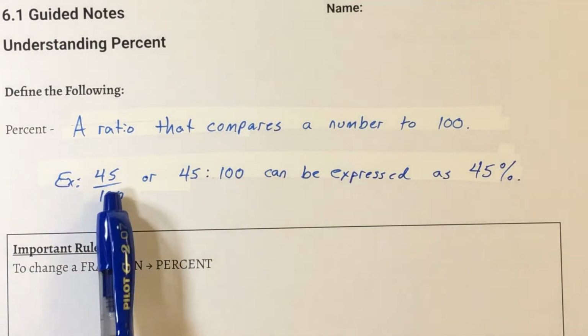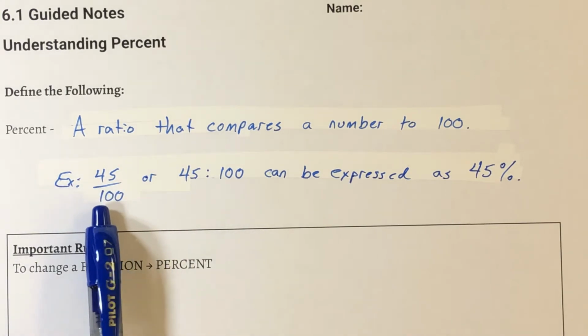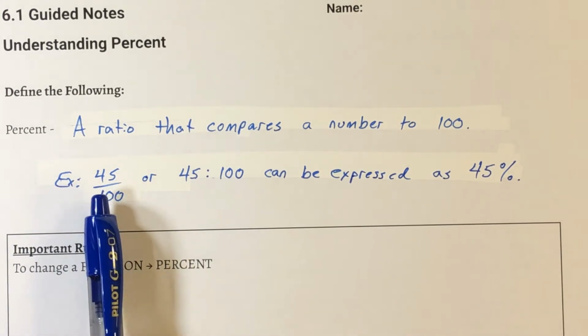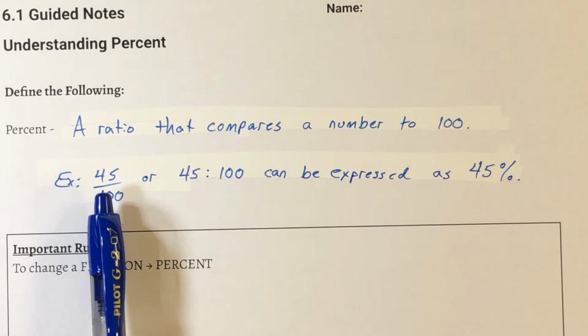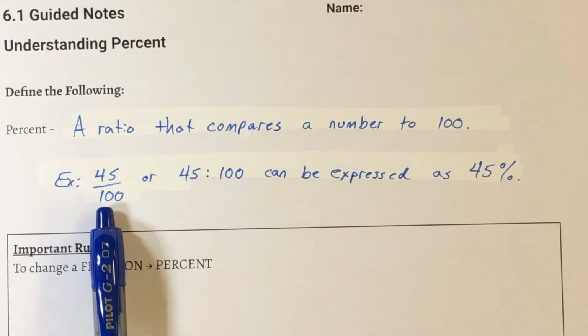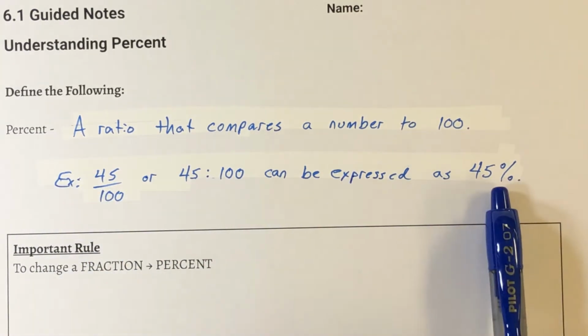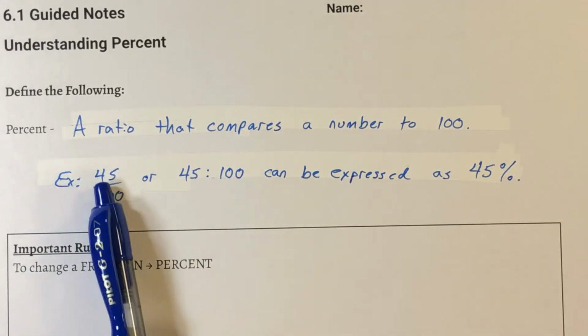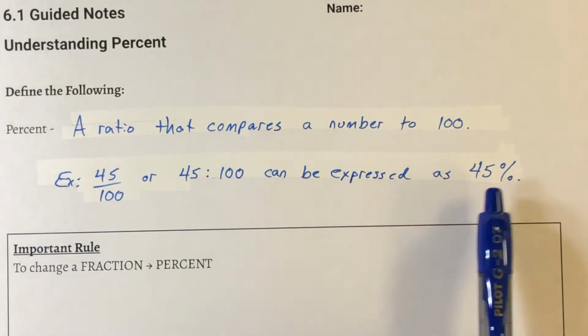Well, let's say you look at the fraction 45/100ths. This could represent the fraction of students in a grade that have an A. So let's say there are 100 students, and I say 45 out of those 100 have A's. I could say 45% of the students have an A. So it's just a way of expressing a number in a different way.